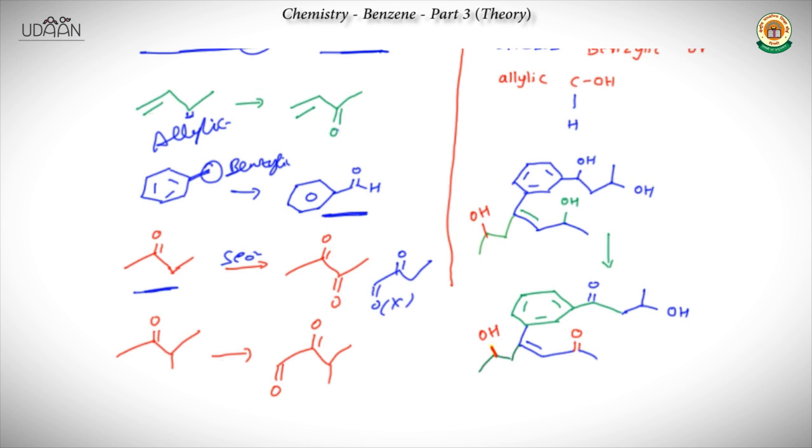This is because in the RDS step of the reaction you are getting an enolate ion. Don't worry about the mechanism now. You are getting an enolate ion whose stability is in our favor, and as you can see, I am drawing the possible enolate ions. This one is one enolate ion, and from here you will get another enolate ion.